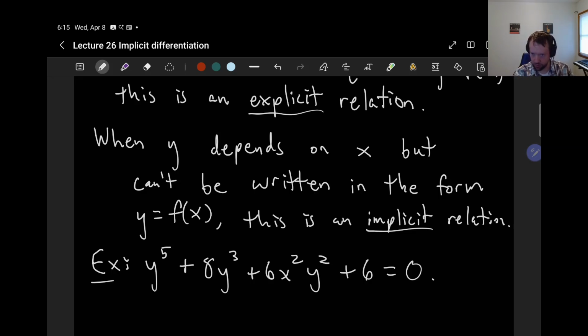So that puts a restriction on y. So y depends on x, but am I going to be able to do algebra to solve for y, to get y by itself, and some expression in only x on the other side? No, it's not possible from this. So this is an implicit relation.